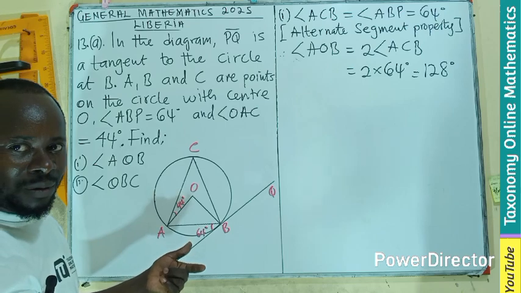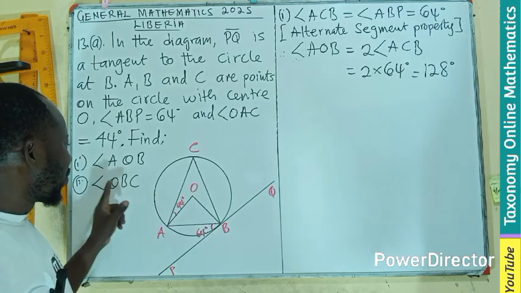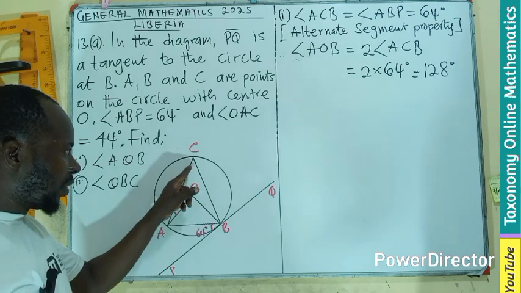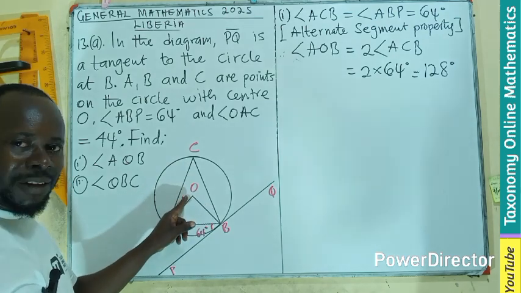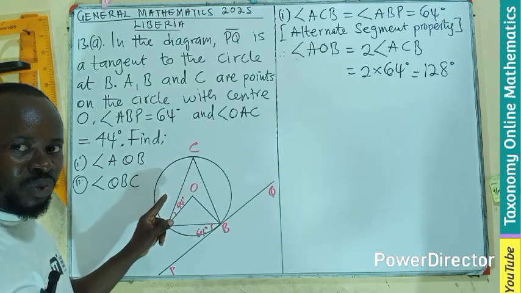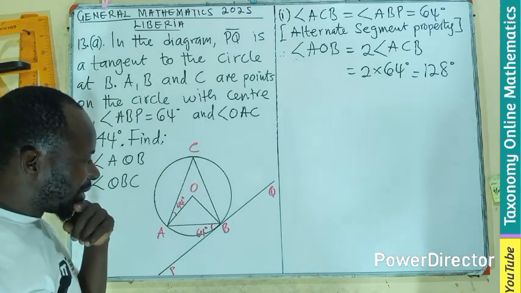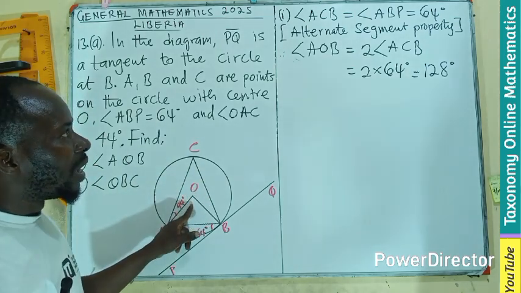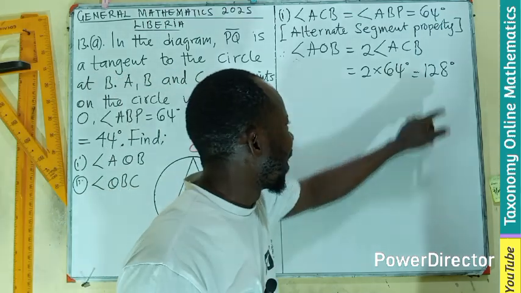Now, if I look at the quadrilateral AOBC, I am looking for this angle, OBC. The angle at the back is added to the other angles to make a complete 360. So I need to find the angle at the back, which is opposite to this angle.